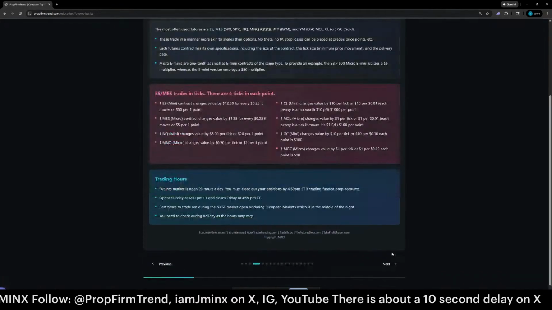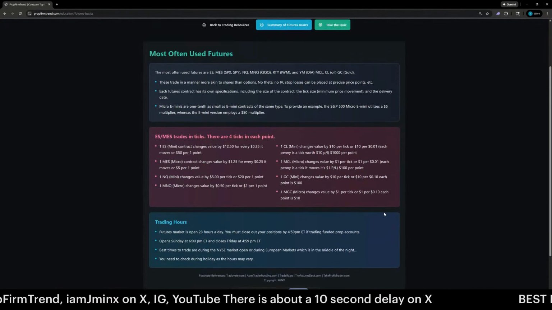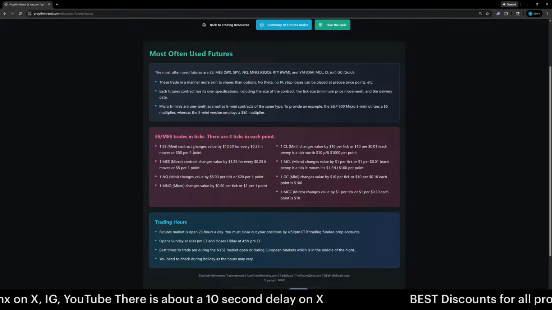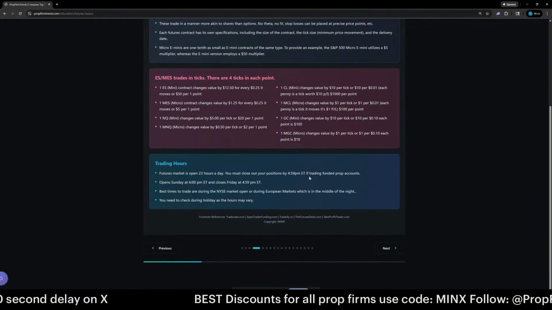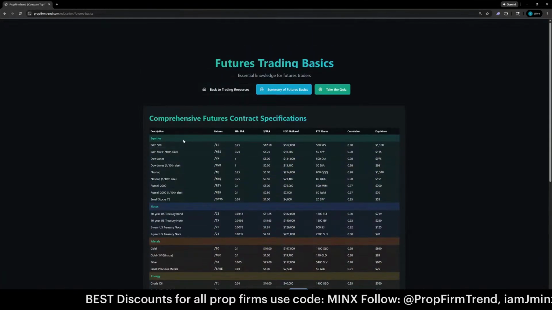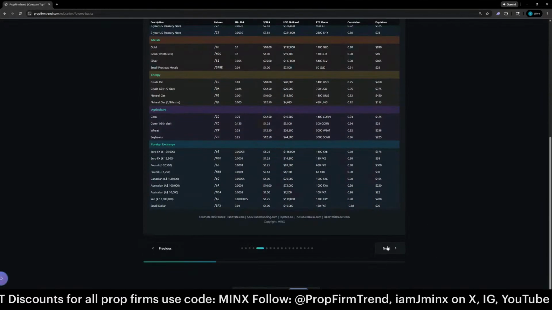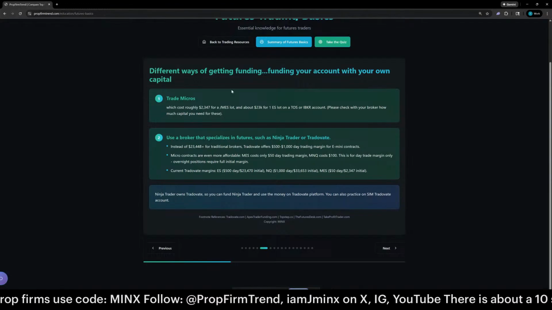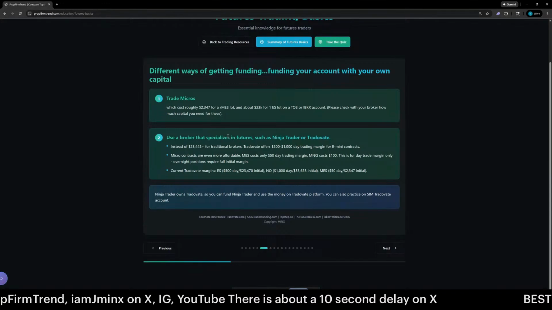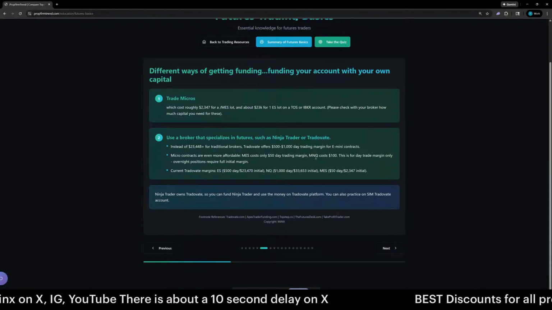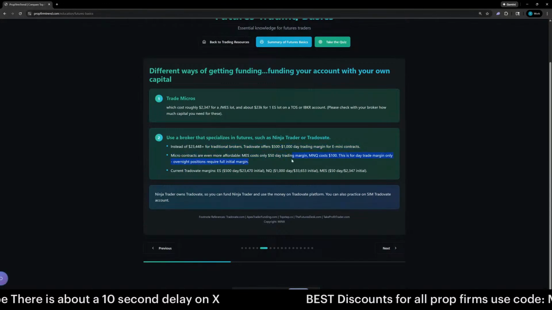It's going to basically go over all of the terminologies and how to trade futures, what a tick means, what a mini means, things like that, how futures change. The best way to trade would be trading micros. If you want to trade your own personal funds, you can do that as well.